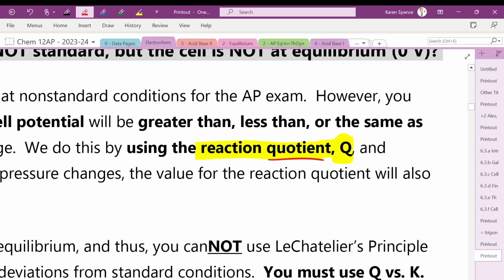And how do we write a Q expression? Q is equal to concentration of products over concentration of reactants at what time? Initially. Okay, so that's our Q. So we're going to use Q to help us figure things out when we are not at standard conditions.